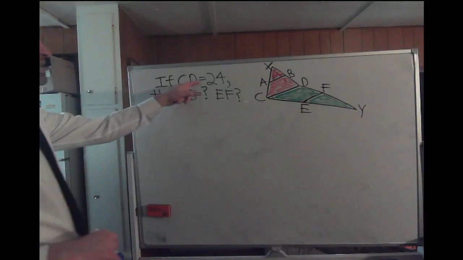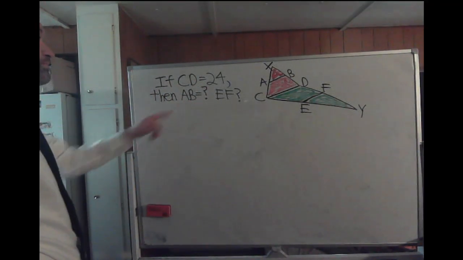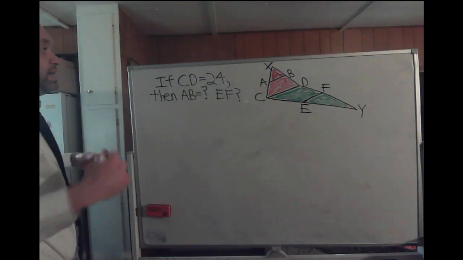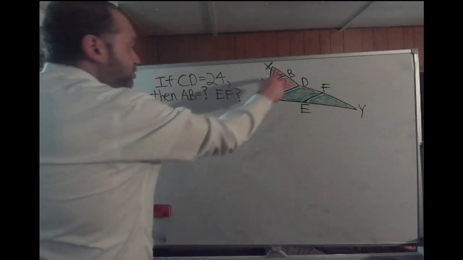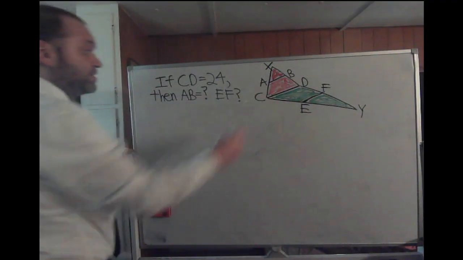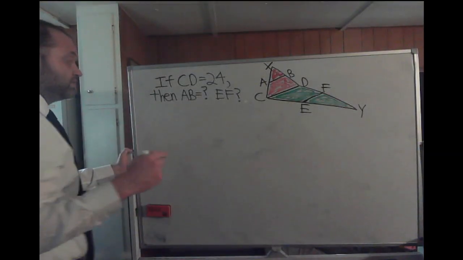That'll be true for the next 4 exercises that we do, okay? We're given that CD equals 24. First, let's start with AB. What would AB equal? The line that contains the midpoint of two sides of a triangle, we know, is, part 1, parallel to the third side. Part 2, it's half as long as the third side.